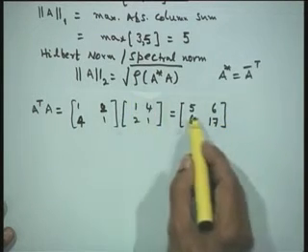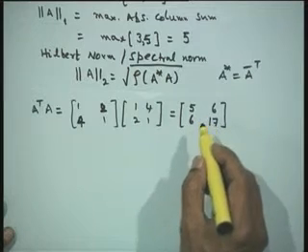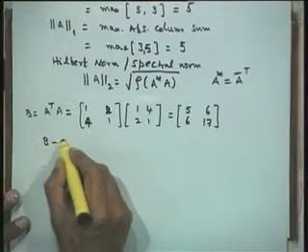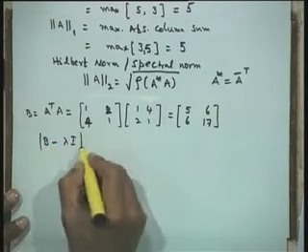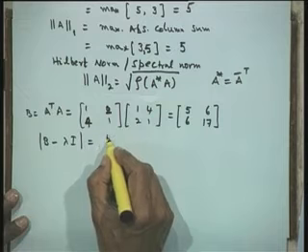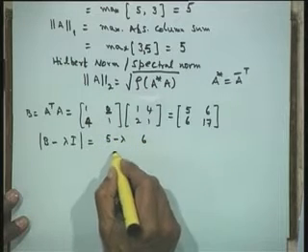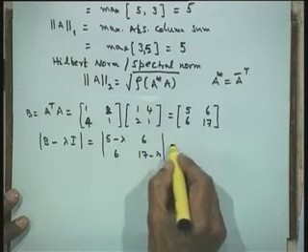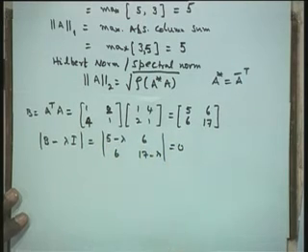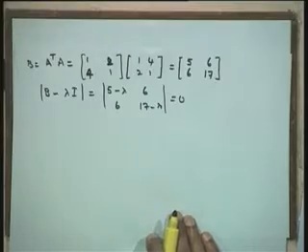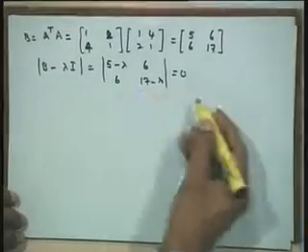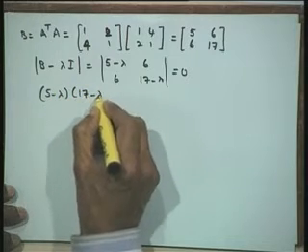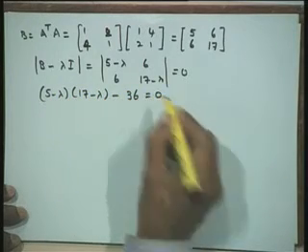Now, I need the spectral radius, that is the largest eigenvalue in magnitude of this matrix. So, I find the eigenvalues of this. Let us call this B. So, I have determinant of B minus lambda I, that is 5 minus lambda, 6, 6, 17 minus lambda, equal to 0. I can expand this and write 5 minus lambda into 17 minus lambda minus 36 is 0.